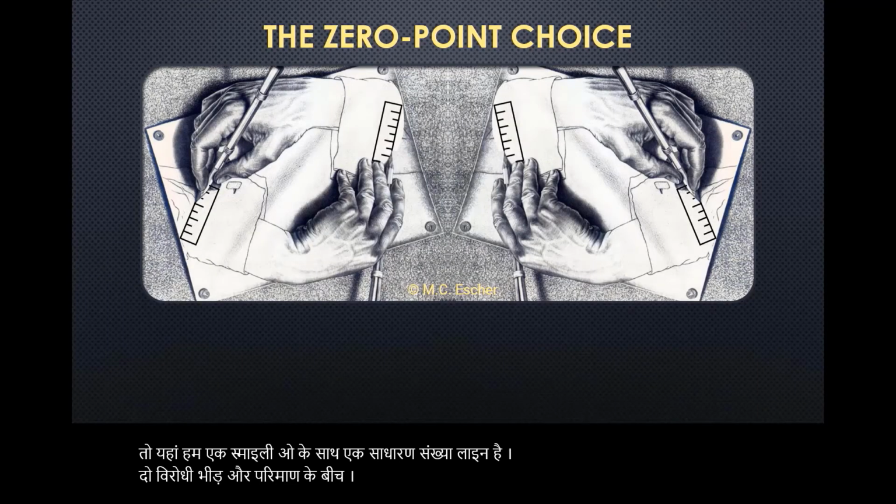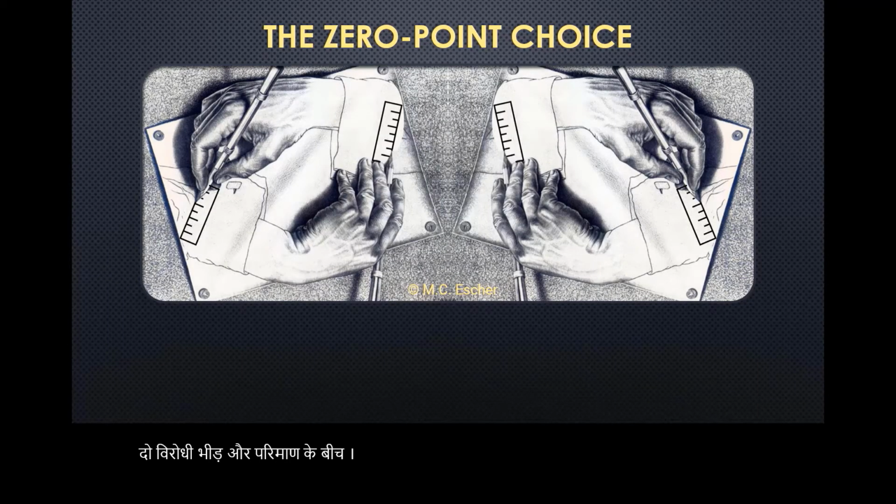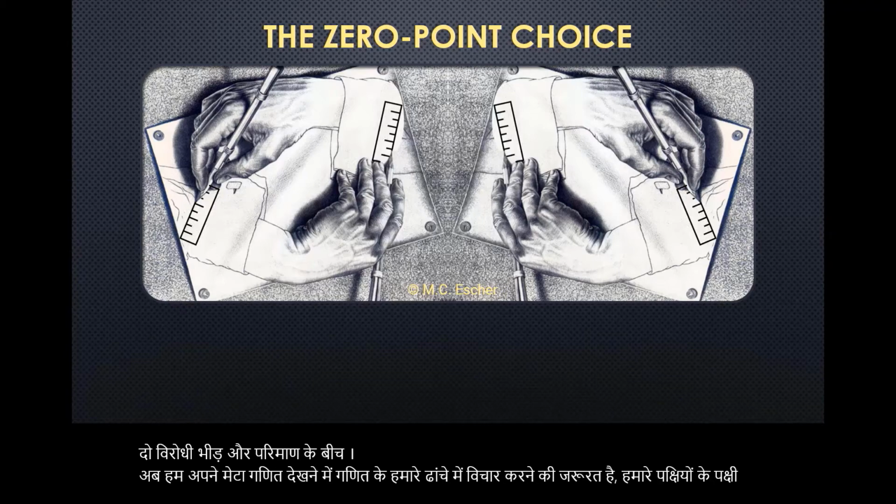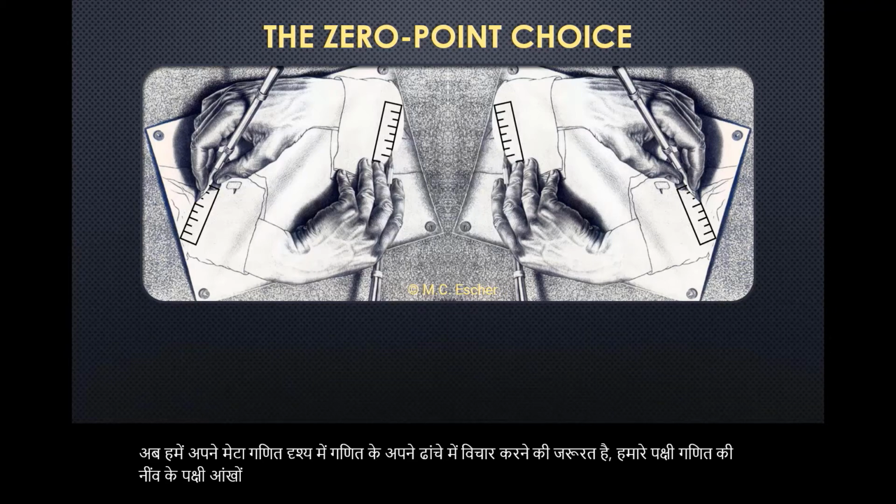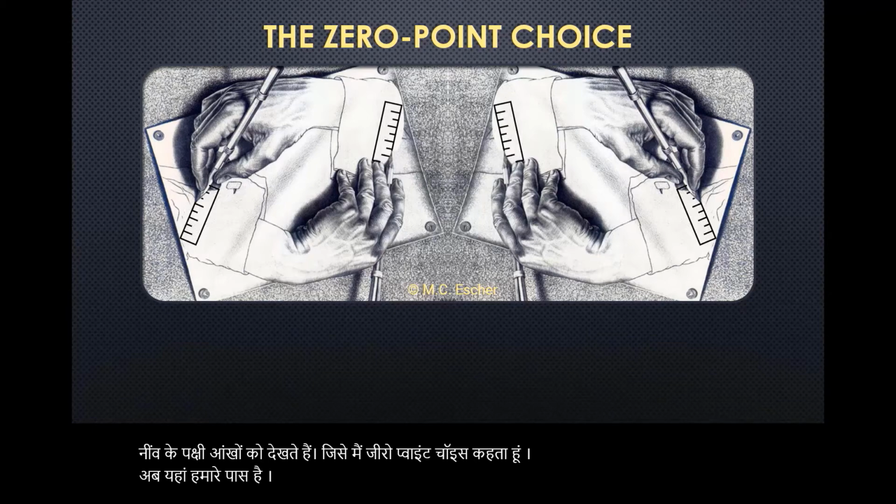Now we need to consider in our framework of mathematics, in our meta-mathematics view, our bird's eye view of the foundations of mathematics, what I call the 0-point choice. Now here we have Escher's artwork, which I've put a couple of straight edges into.